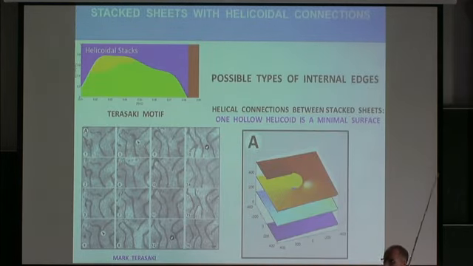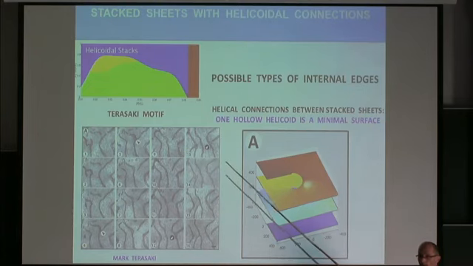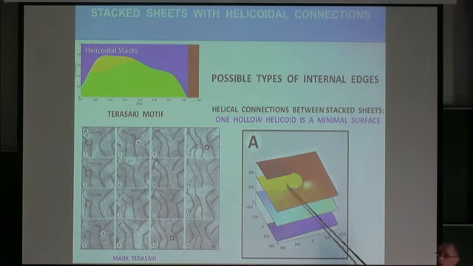A few minutes I will spend on what I started with, on this Terasaki motif. Our conclusion was that the Terasaki motif is given by helicoidal structures, but hollow helicoidal structures. This is the shape of a plane, which is spiral-like, and the hole in the middle is a spiral.